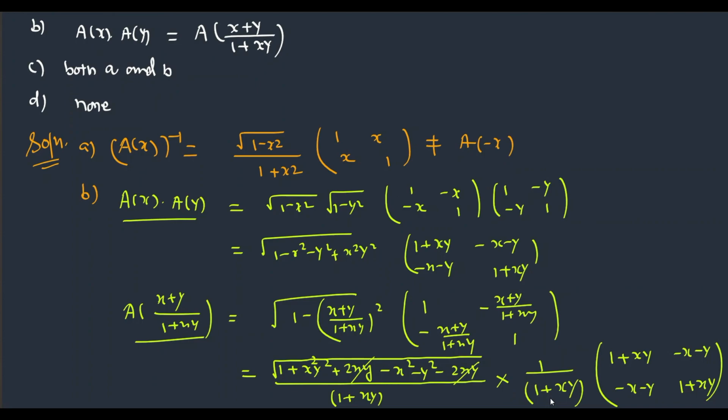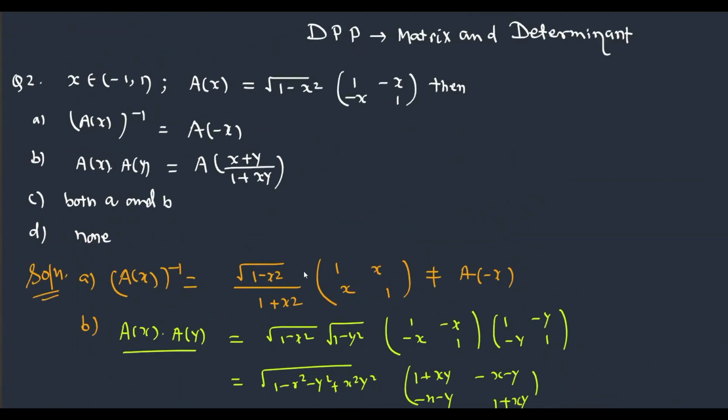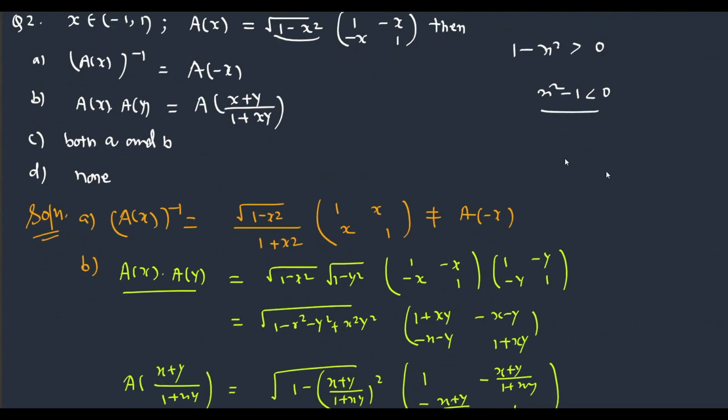Can't I put any values and check, because the range of x is already given, minus 1 to 1? The range of x is given because this quantity should be a real number, otherwise a complex number will come. That is the reason there is a square root sign. 1 minus x square should be greater than or equal to 0. To make it positive, it will be x square minus 1 less than 0, so that the matrix will be a real number.